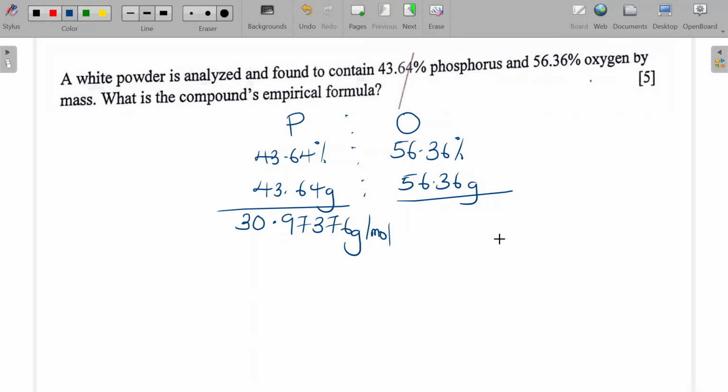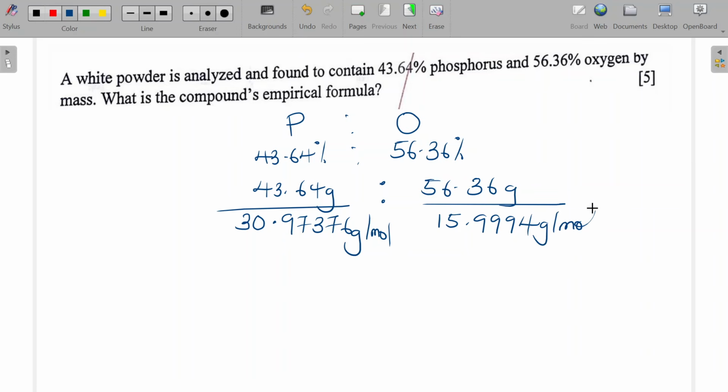And for oxygen, what is it? It is 15.9994.